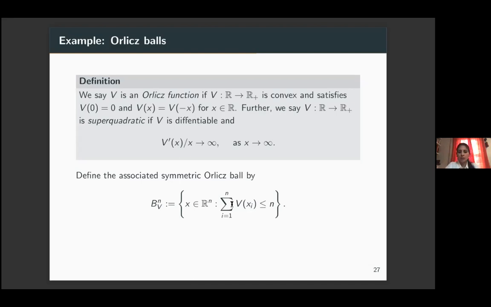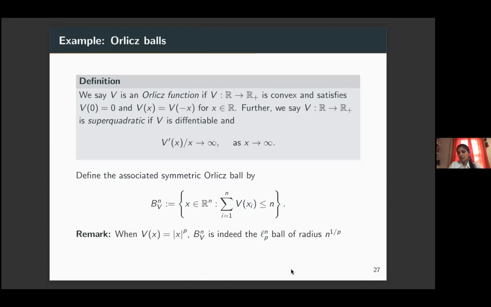We probably can relax this a bit, but right now that's what we have. In the particular case when V(x) is x to the p with p greater than 2, this will clearly be satisfied, and that's the LP ball, of radius n to the 1 over p.